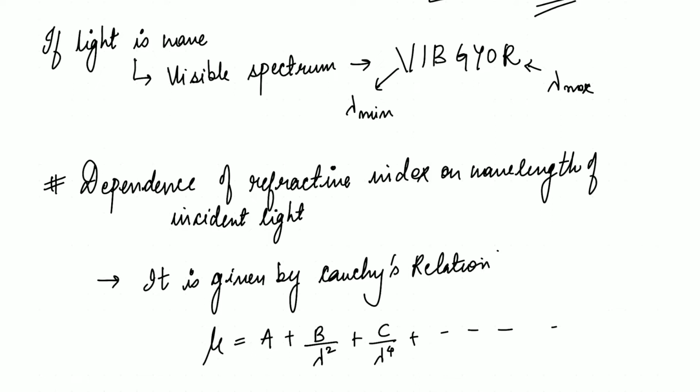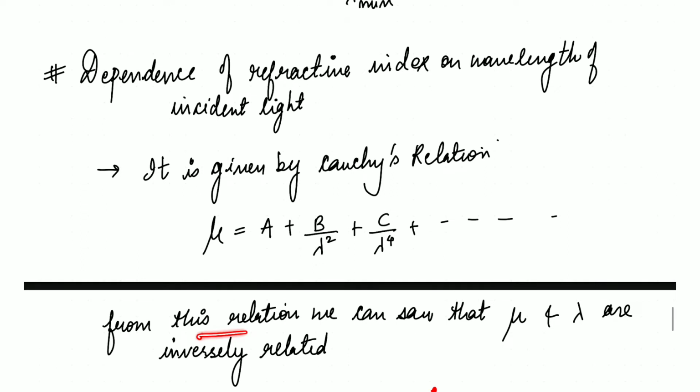This means that if you have a higher wavelength, the refractive index for that particular medium will be lower. If you have a lower wavelength, the refractive index for that medium will be higher. So from this relation we can say that nu, that is refractive index, and lambda, or wavelength of the light, are inversely related, right?